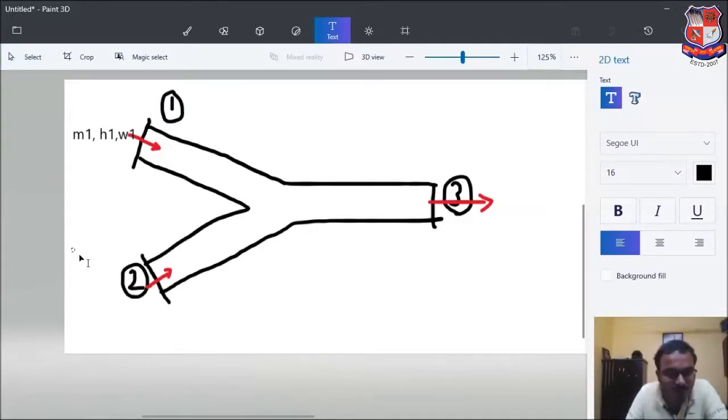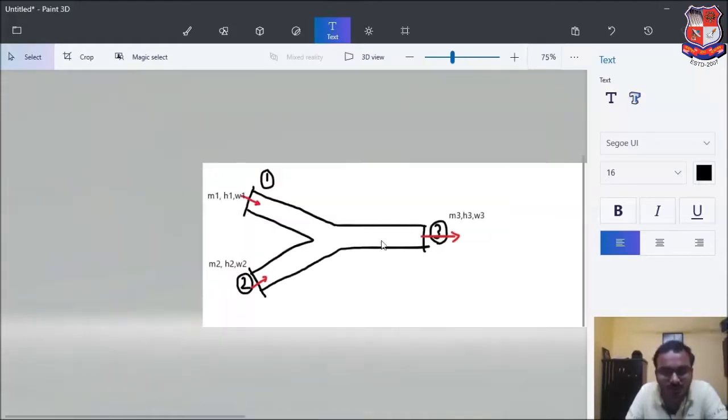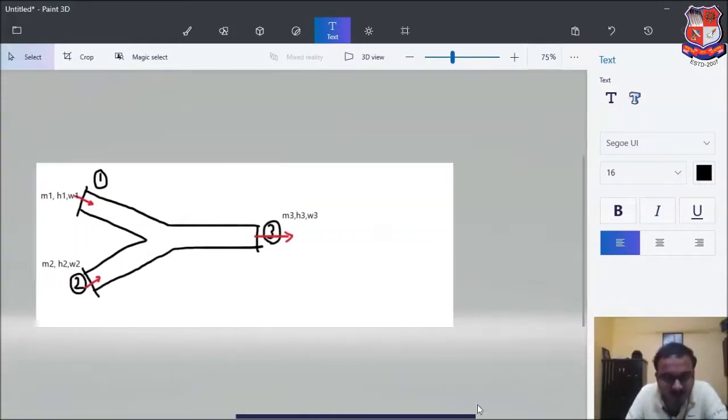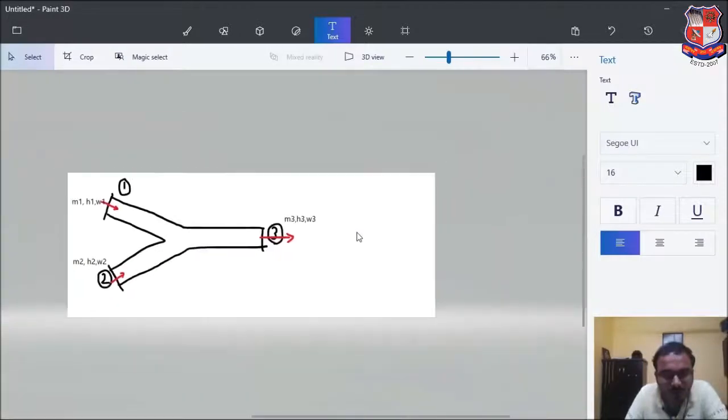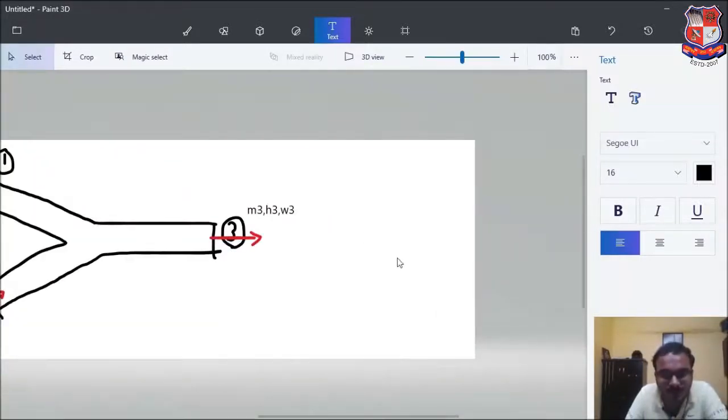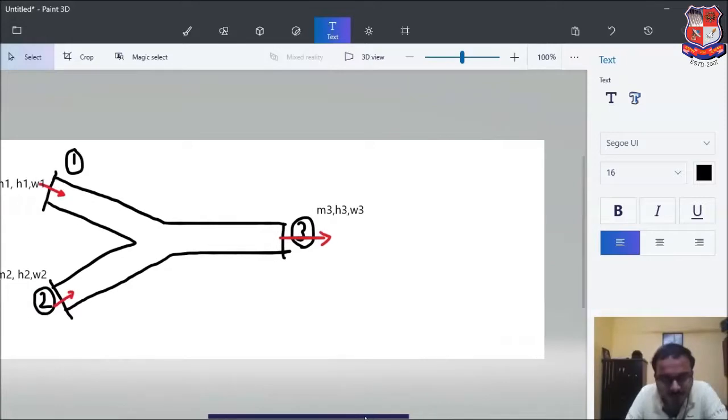Similarly, we can write for section 2 that it will be M2, H2, W2. And the final condition will be M3, H3 and W3. Okay, so this is the way air mixing is happening, and we can draw this mixing process on the psychrometric chart.